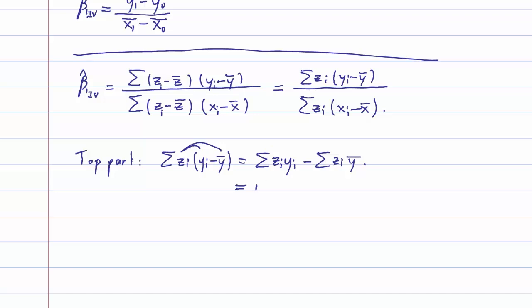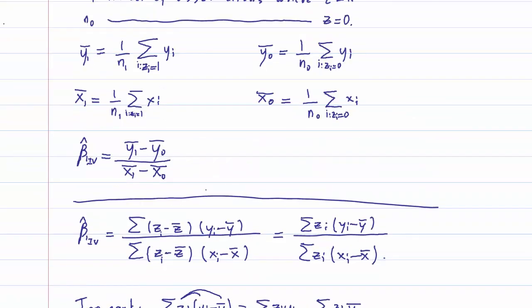It's just the number of people in that group, n1, times the average y in that group. This is because y1 bar is 1 over n1 times the sum of yi for this group, and here we have the sum of yi, so we have n1 times the average.